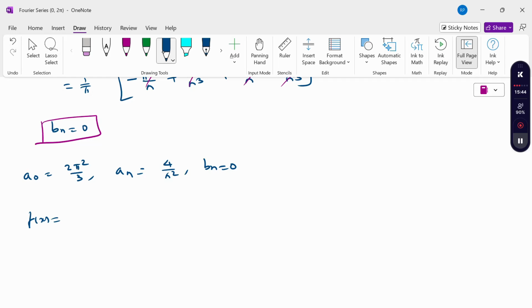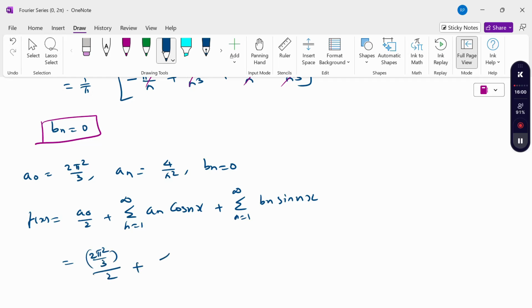F of x is a naught by 2, plus sum n from 1 to infinity an cos nx, plus sum n from 1 to infinity bn sin nx. So substitute a naught, 2 pi square by 3 by 2, plus sum n from 1 to infinity 4 by n square into cos nx, plus bn 0.